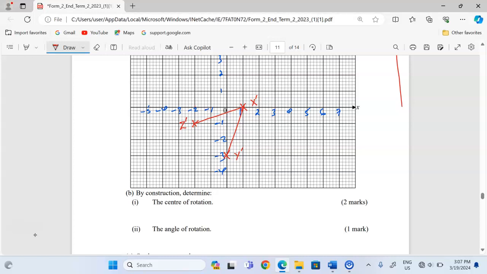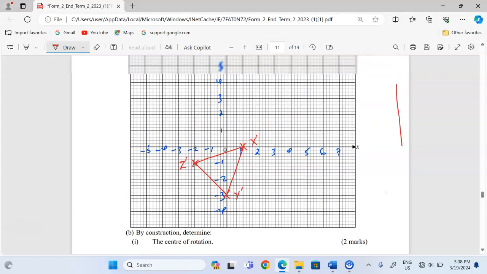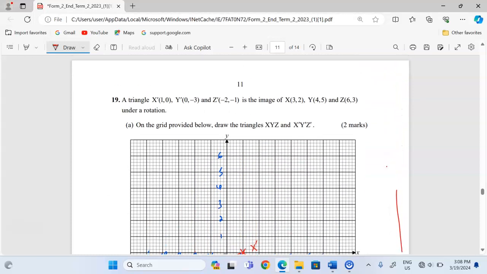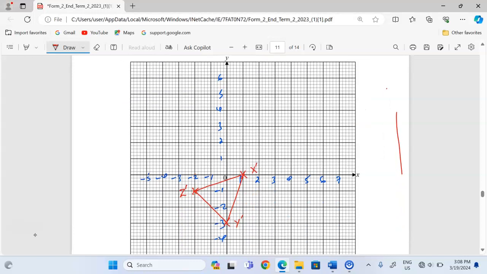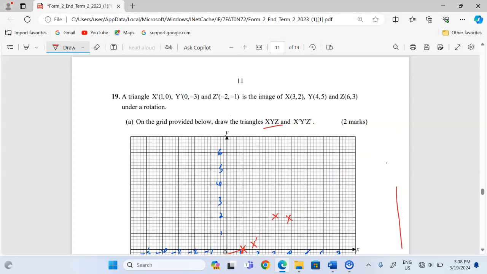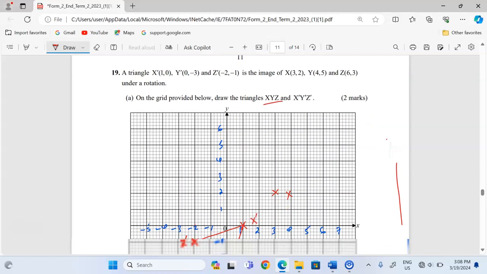So that is the triangle, and actually the triangle image. We can talk about the triangle XYZ now. (3, 2). So we have (3, 2). This is where X is. The next is (4, 5).